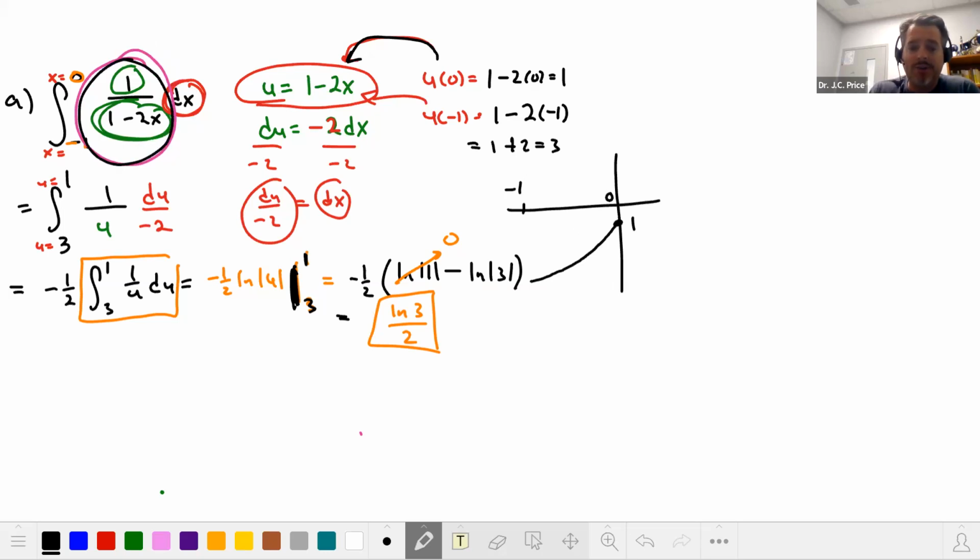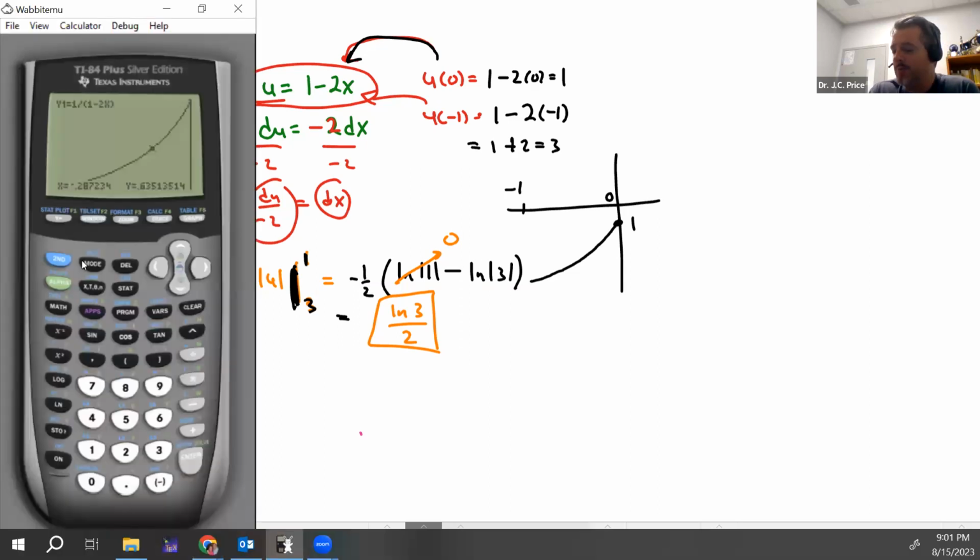And then to see the shaded region, I can use my calculator again, hit second trace to pull up the calculate menu, and then I can integrate this from -1 to 0. So lower limit is -1, upper limit is 0. It'll shade in that region right there. Oh, I think I went the wrong way, guys.